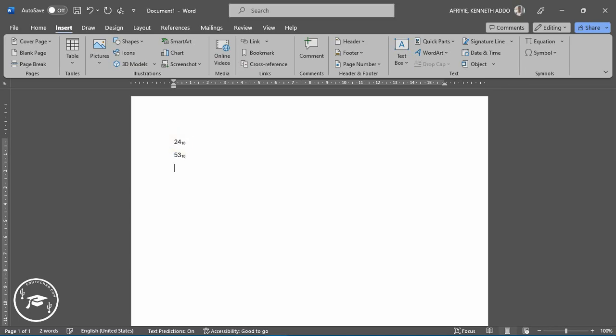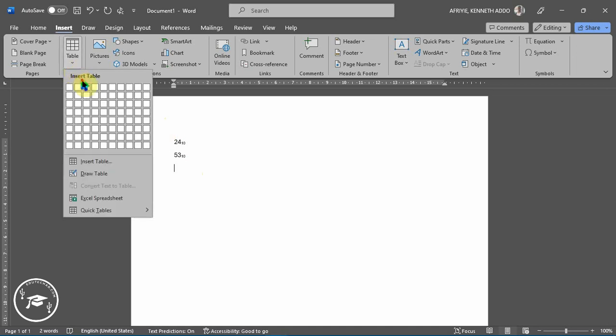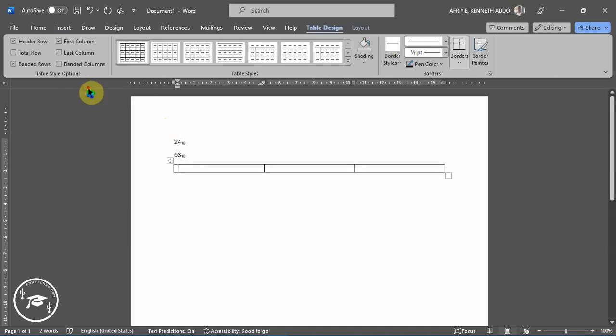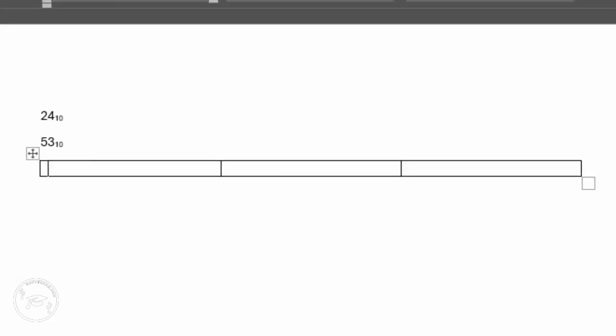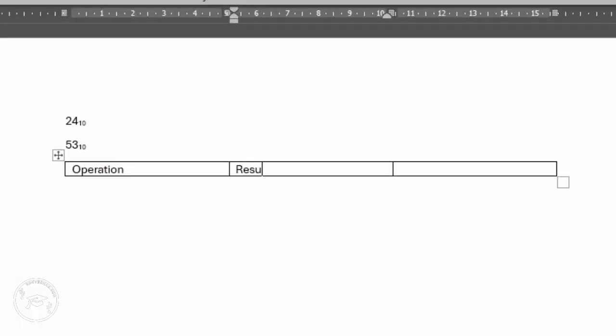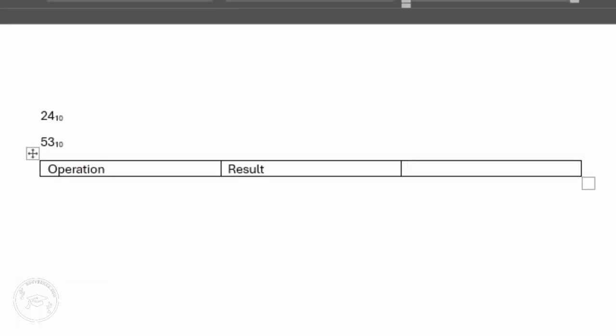Great. We will convert these two into binary, then convert them back into decimal. We'll have our table: the first column will have operation, the second column will have results, then the third column will have remainder.